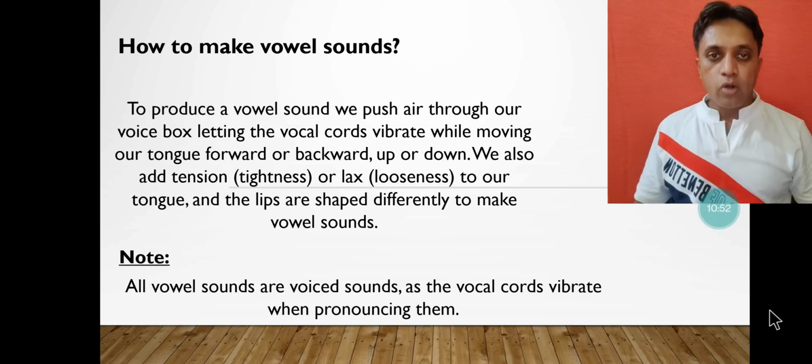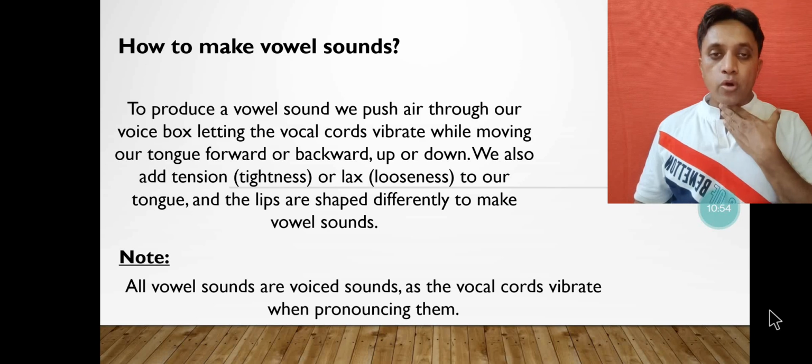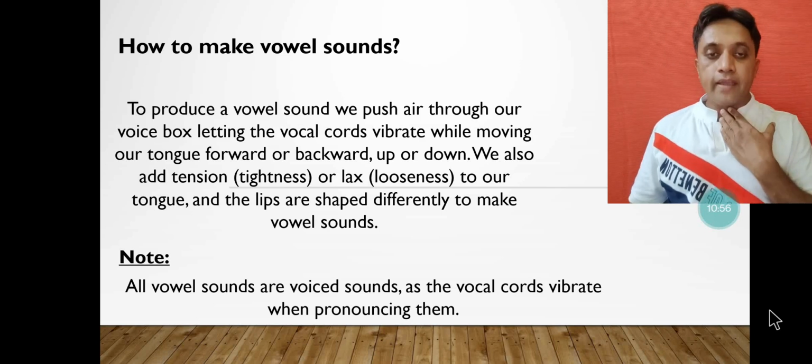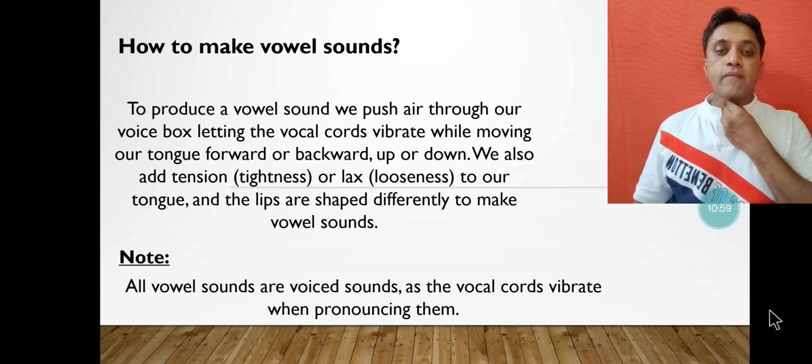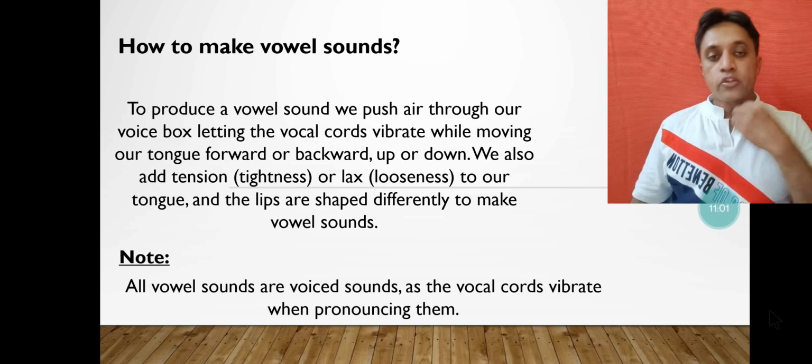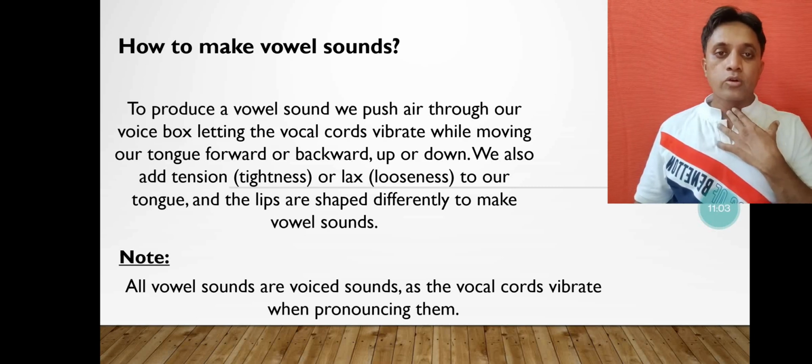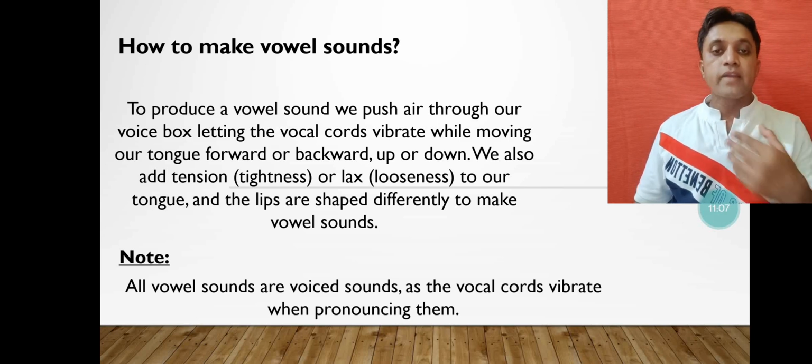Let me tell you how. When we touch our throat and say vowel sounds, we feel some vibration in our vocal cords. So if there is a vibration in the vocal cords, like ee, oo, eh, these are some of the vowel sounds.